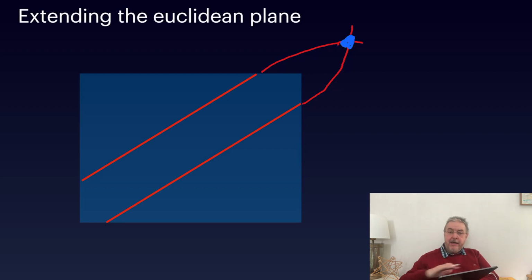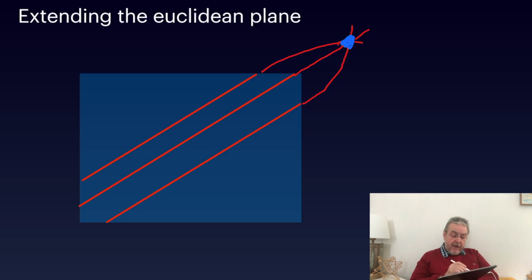So you won't find it in your drawing plane. It's infinitely far away in one direction, and actually all lines that are parallel should meet in the same point.